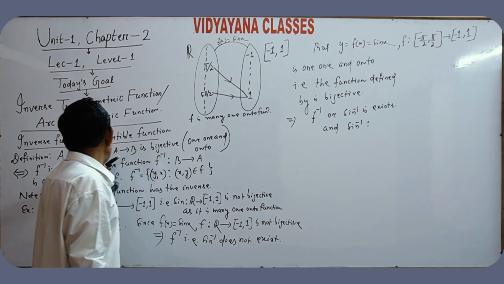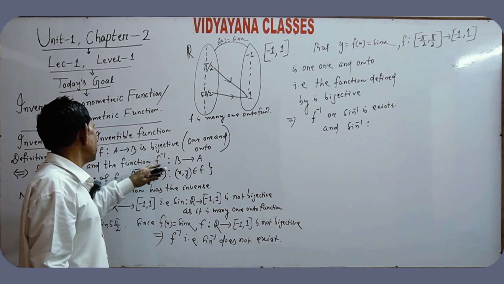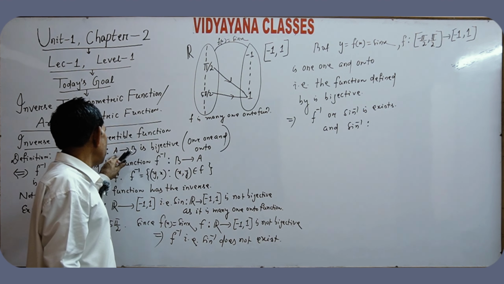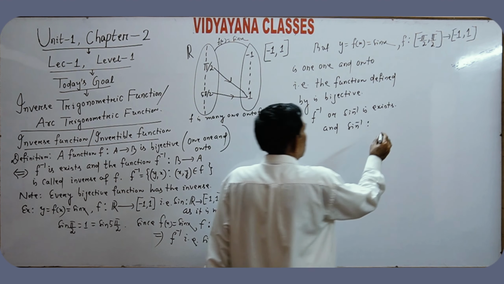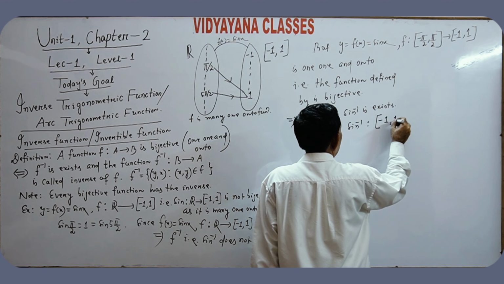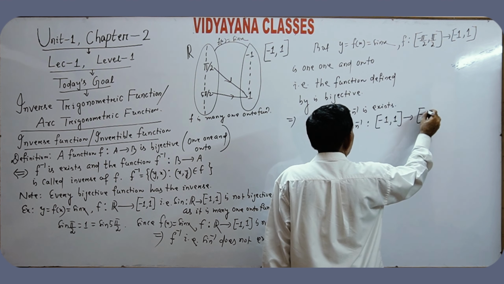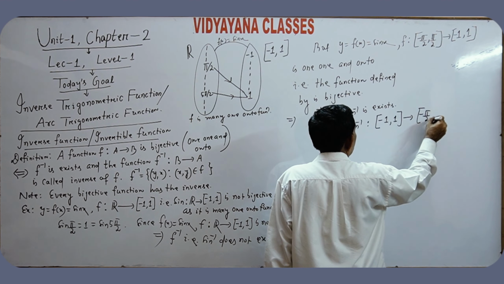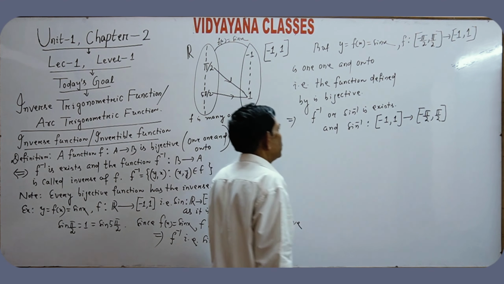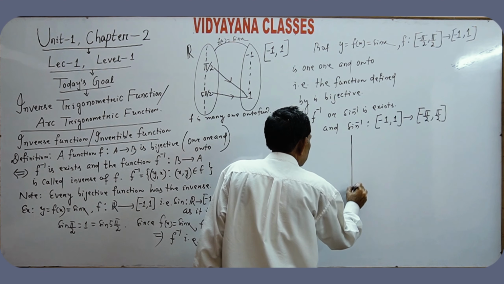By definition, if f is a function from A to B and is bijective, its inverse function is a function from B to A. That means from the closed interval [-1, 1] to the closed interval [-pi by 2, plus pi by 2]. Graph.